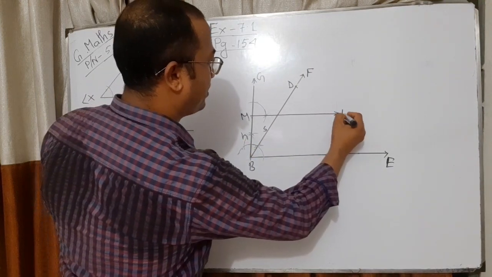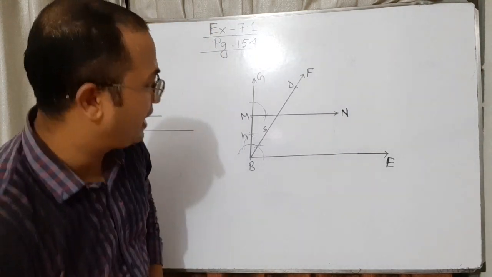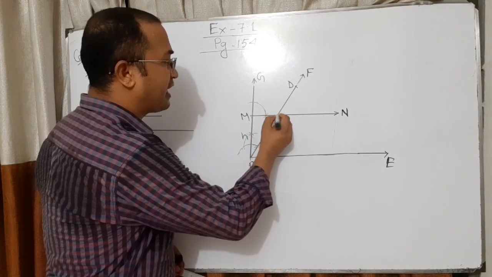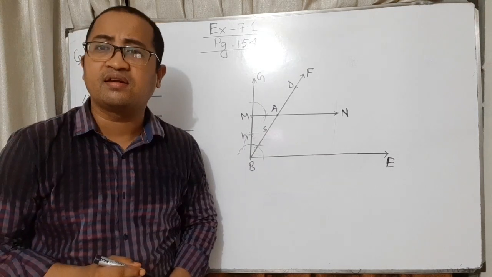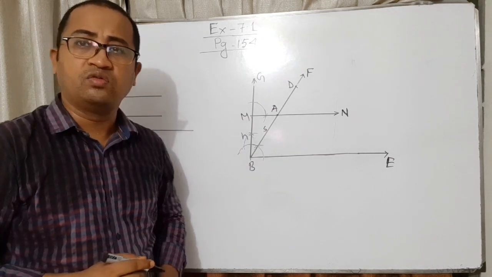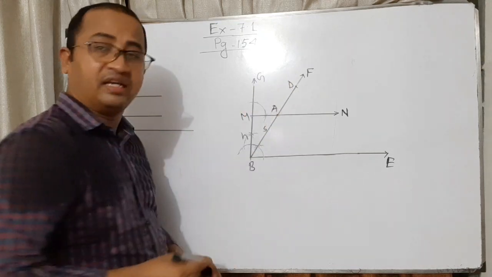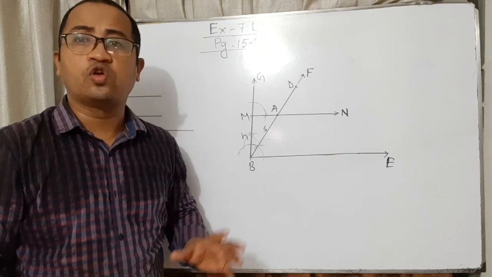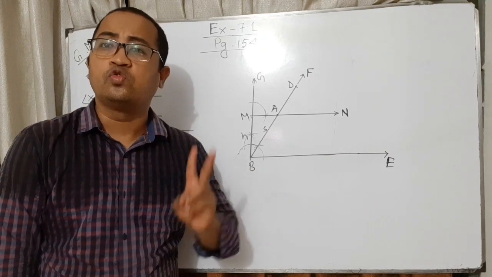This is MN parallel to BE. We cut the line BD at A. Now with center A and radius AD, we draw an arc. The arc cuts the line BE at two points.